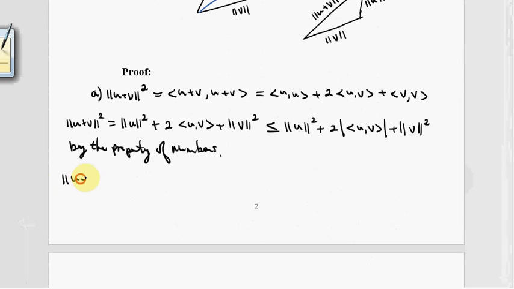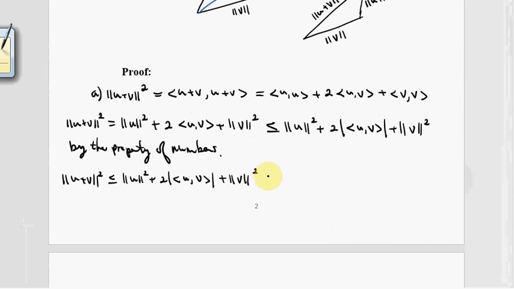We have the norm of u plus v squared is less than or equal to the norm of u squared plus 2 times the absolute value of the inner product of u and v plus the norm of v squared.